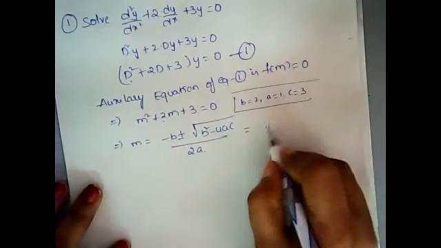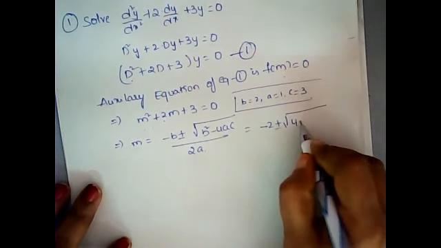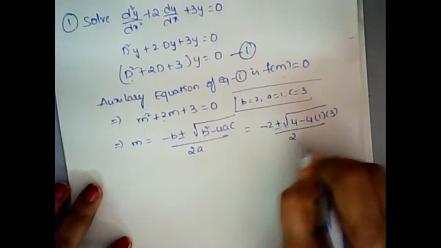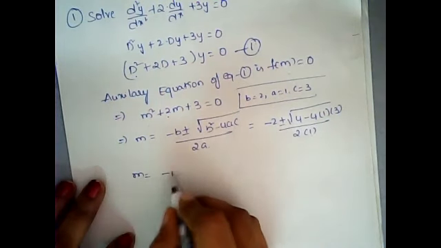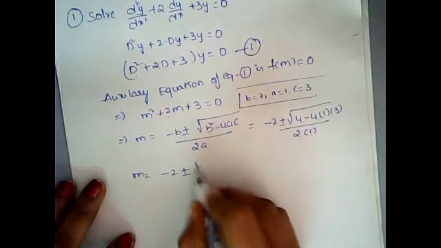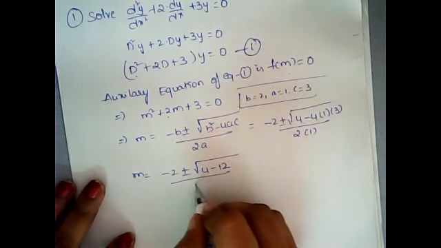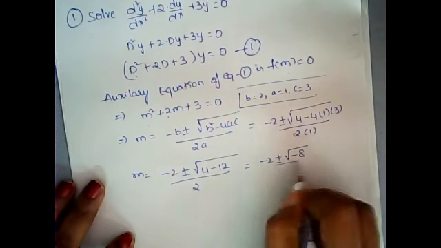So it will be (−2 ± √(4 − 4·1·3)) / (2·1). So m = (−2 ± √(4 − 12)) / 2, which will be (−2 ± √(−8)) / 2.